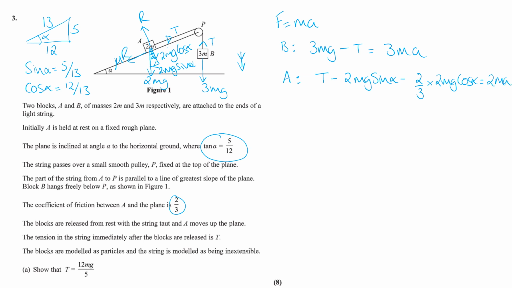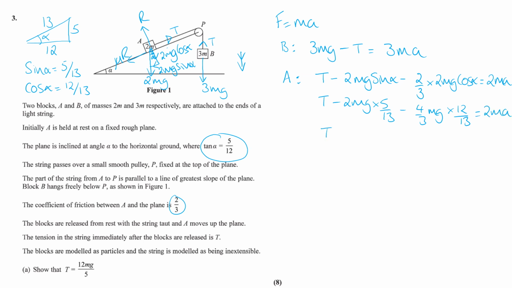Now tidying this up and putting in what sine and cos of alpha are, T minus 2mg sine alpha, which is 5/13, minus 2 times 2/3 mg cos alpha, which is 12 over 13, is equal to 2ma.